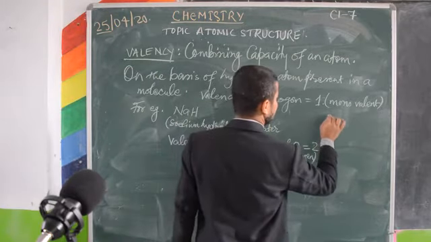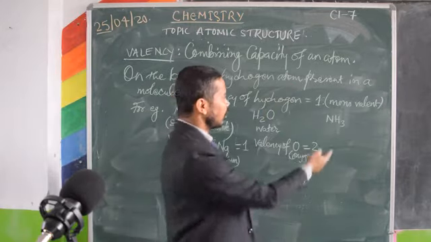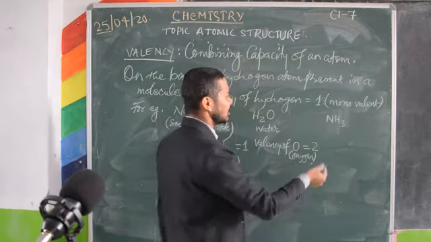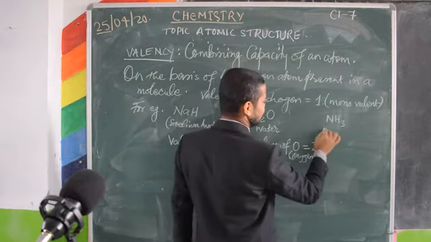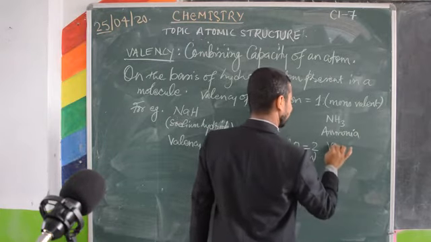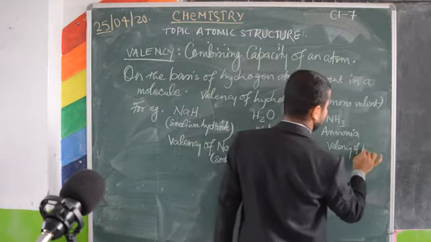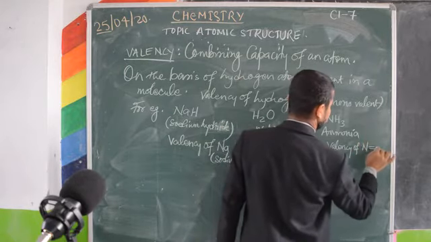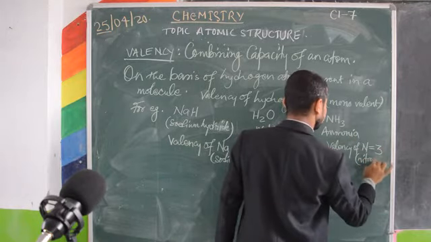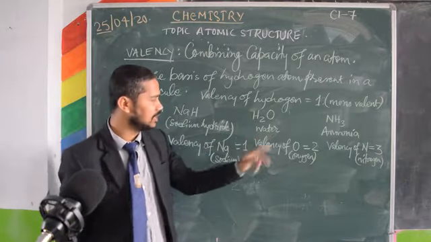Similarly, if I write NH3, this is ammonia, and 3 hydrogen atoms are present. So the valency of nitrogen is 3.